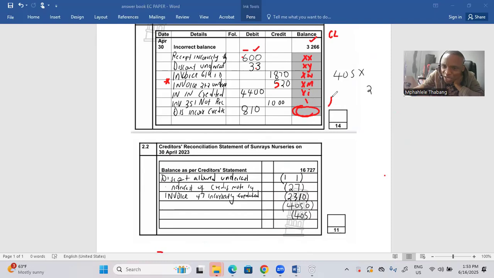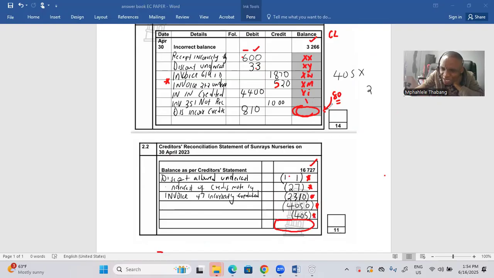So what you get here, if you get 80 rand here, for example, I'm just saying, even here, the closing balance must be 80 rand. So when you take 16,727 and you subtract this amount here, you subtract 27, you add 2,310, you subtract 2,310, you subtract 4050, you subtract 405.